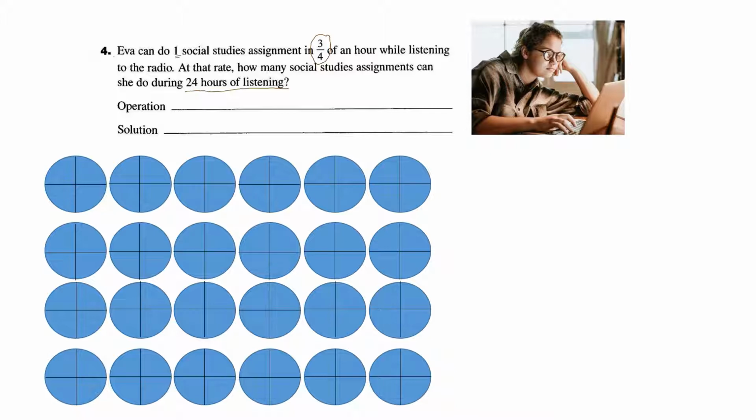So assignment 1 would take 3/4. Assignment 2 is going to take 3/4. Assignment 3, assignment 4 is going to take 3/4, and I'm just going to continue this pattern. So each assignment is going to take 3/4 or 3 sections.